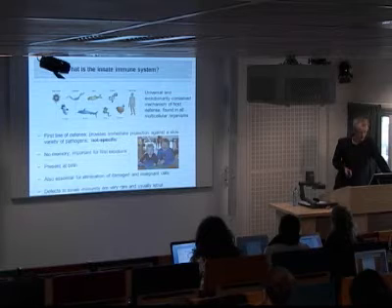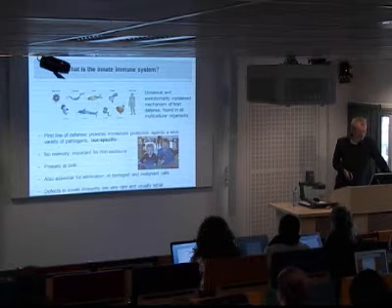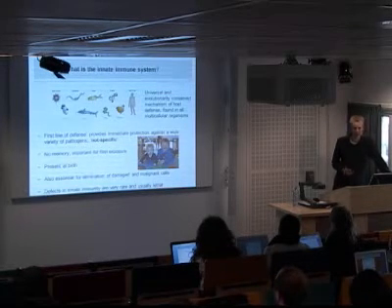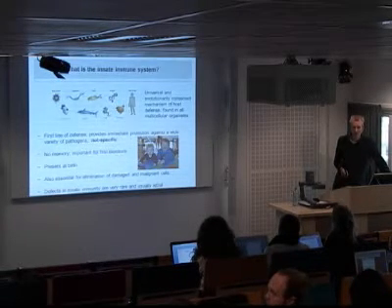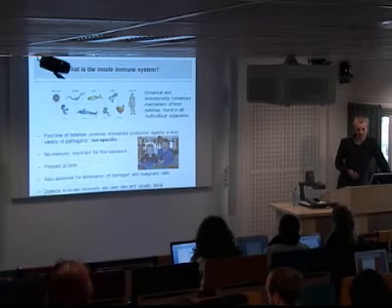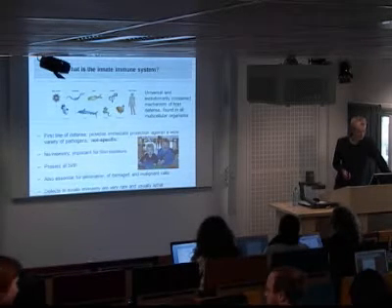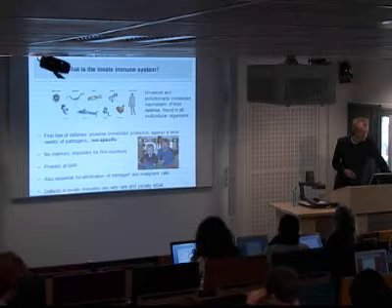So the innate immune system is a very old system, and therefore if you study any organism, it doesn't really matter which organism, there's always something of innate immunity present, and that's why we can use a lot of model organisms for research to study the innate immune mechanisms.